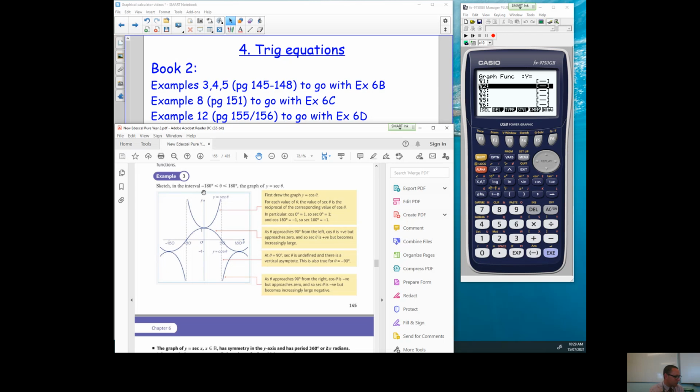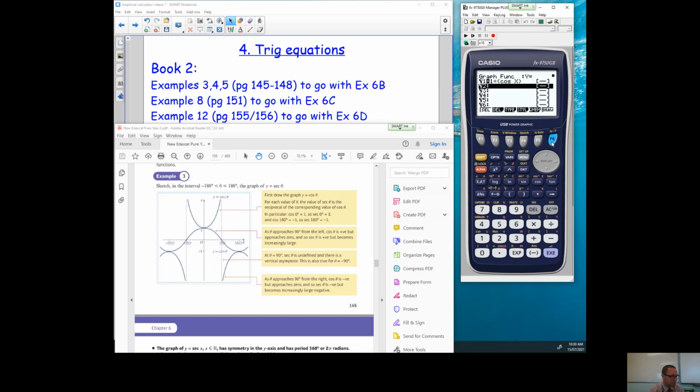So sketch, in the interval minus 180 to 180, the graph of sec theta. Okay, so sec is this bit here, and this bit here. For this one, I will go through it because it could be useful. So sec is 1 over cos, so 1 divided by cos of x. But this one, obviously, we're in degrees, so we need to go shift menu and go back to degrees.